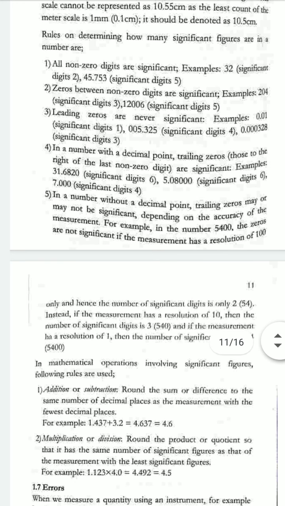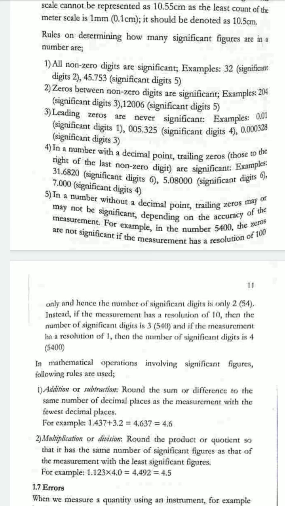The next rule: when you have a number without a decimal point, the trailing zeros may or may not be significant. It depends on the accuracy of the measurement. For example, with the number 5,400, the zeros are not significant if the measurement has accuracy up to 100. Then you have only 54, which means 2 significant digits.